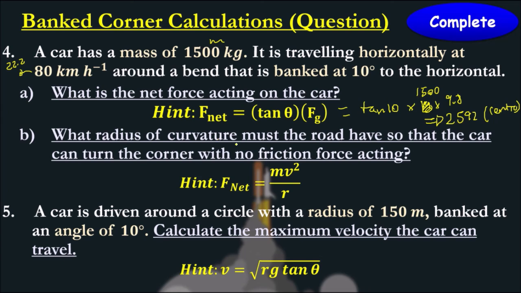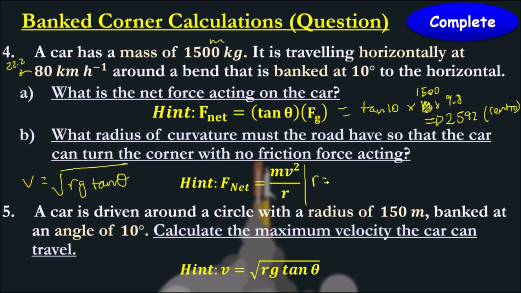What radius of curvature must the road have so that the car can turn the corner with no friction force acting on it? So here we're actually trying to find the radius. This is the formula we use. Remember, that was the derivation we did in the last slide. So all we have to do is just rearrange this over.